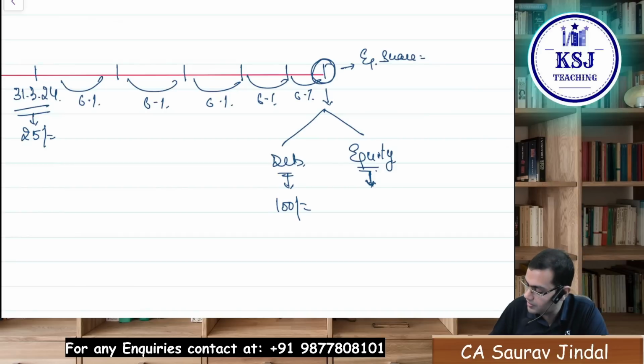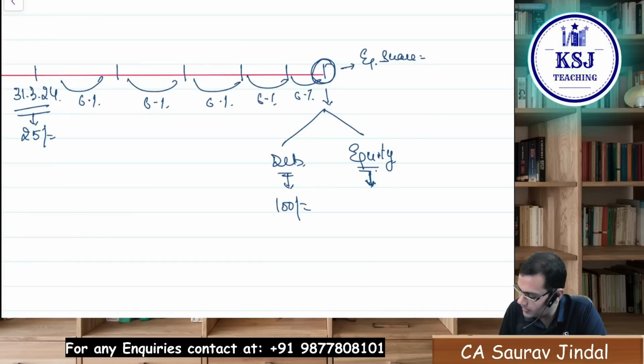The value will be 25. It will be 53 rupees, I guess. Wait, let me check. No, sir. It will be something else. Wait, for 5 years we have to apply, right?